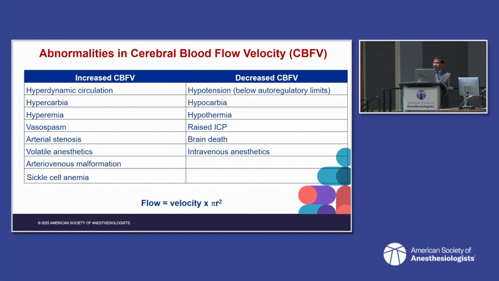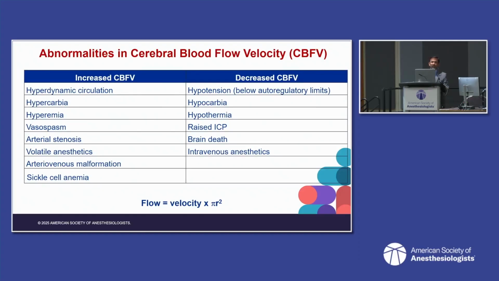But there are situations like cerebral vasospasm where the vessel is narrowed, and in this case, we'll have turbulent flow going through that artery, which will be seen as increased flow velocity on transcranial Doppler, but actually it reflects ischemia and not hyperemia.